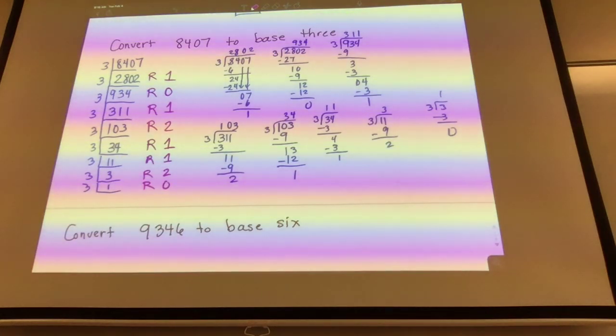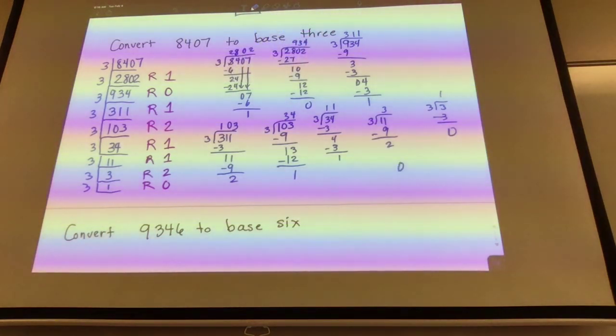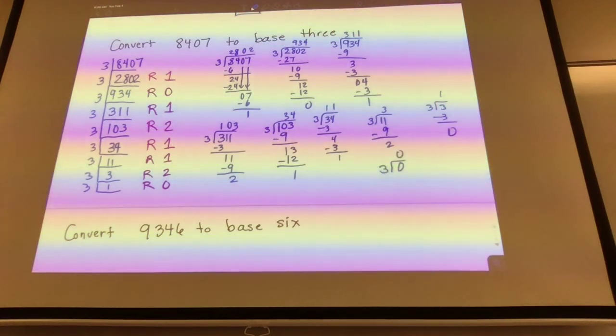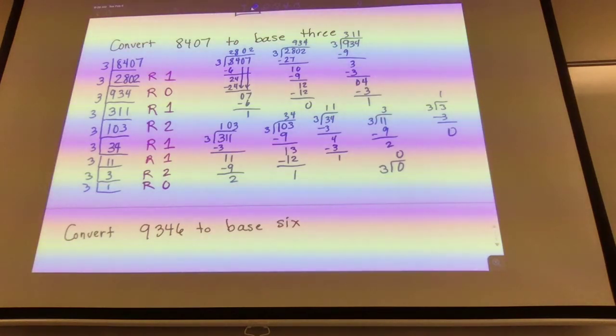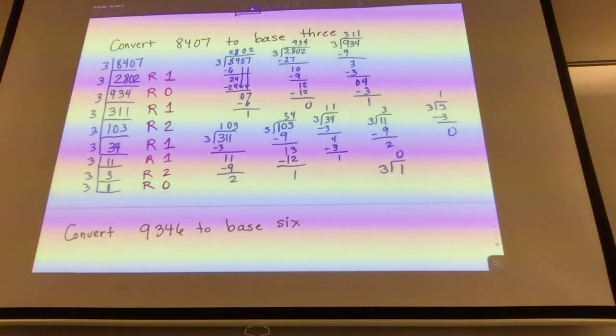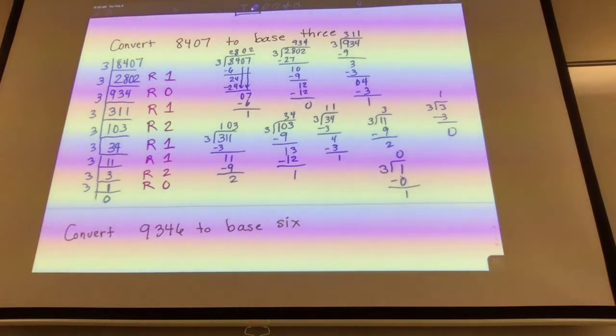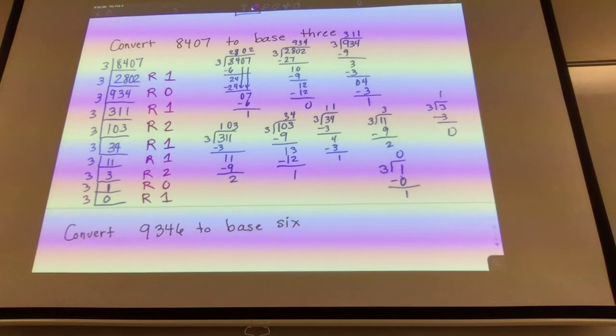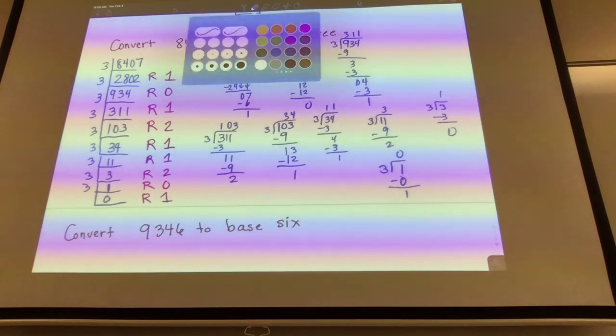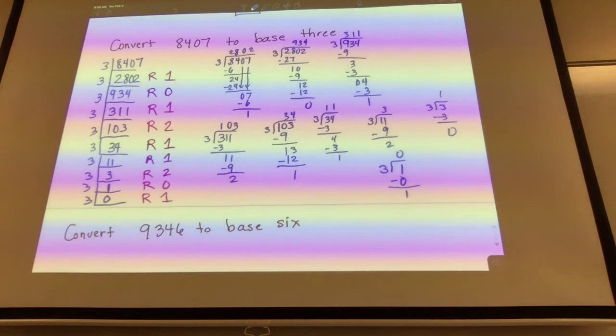And then if I did 0 divided by 3, it goes 0 times. Oh, 1. Remainder was 1, not 0. Sorry. So my last one was 1. So 3 goes into 1 0 times, remainder of 1. So it went 0 times, and my remainder was 1. Okay, so once I get down to 0 over here, you can stop.